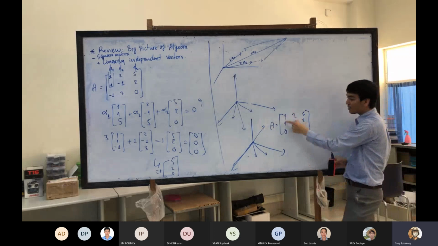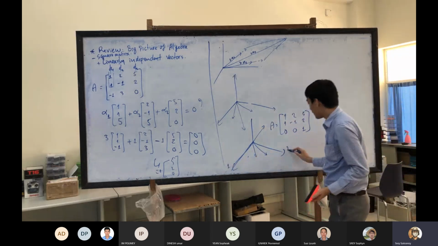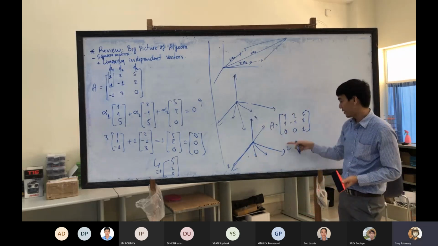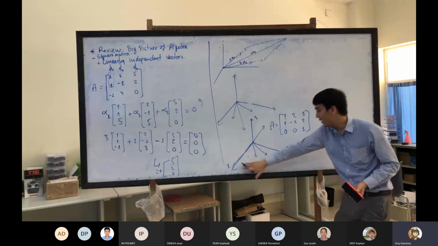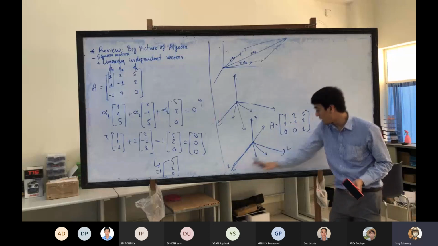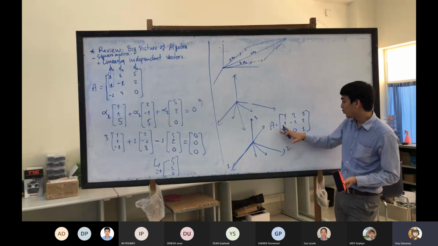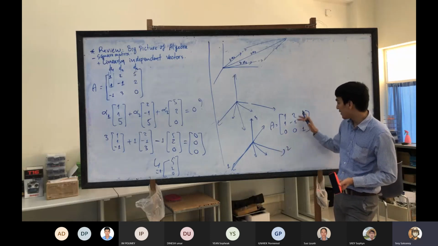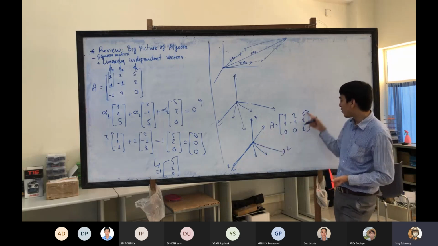So these two stay in the plane, let's say dimension 1, dimension 2, dimension 3. These two stay in the plane by axis 1 and axis 2, because they do not have the third component. But the other vector here, A3, has all three components.